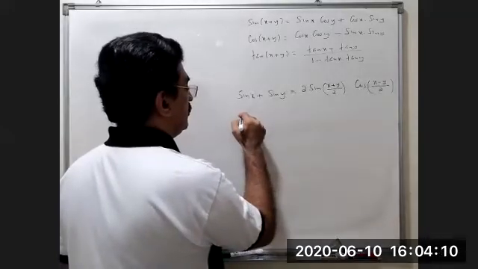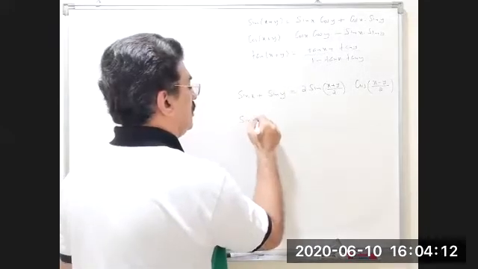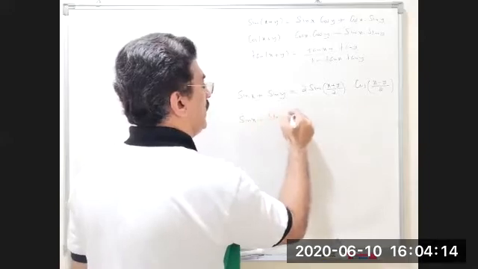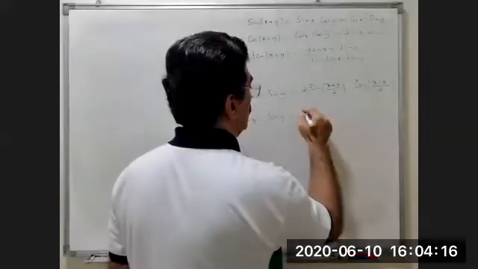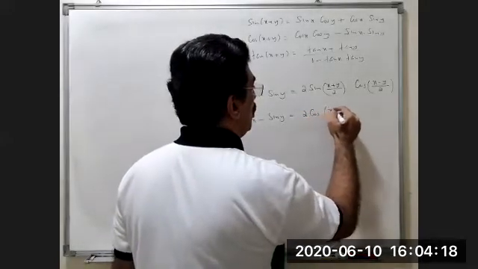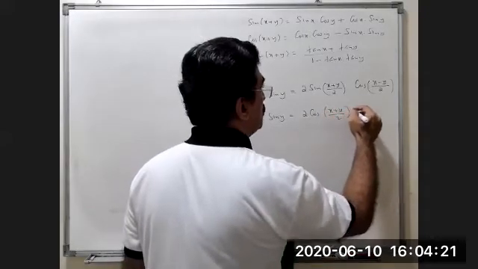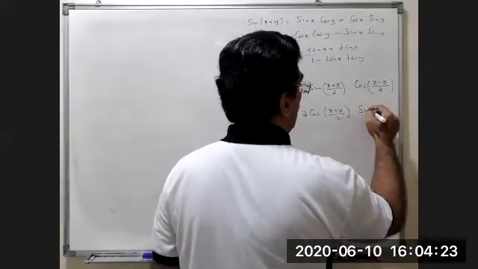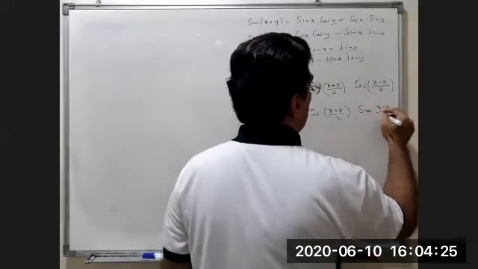Whereas sin x minus sin y is 2 cos (x plus y) by 2 into sin (x minus y) by 2.